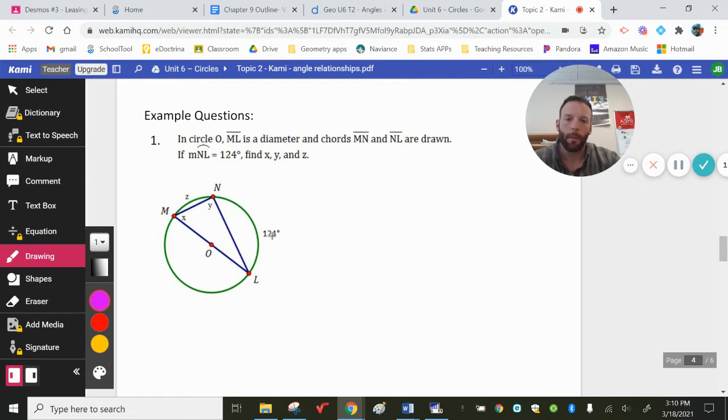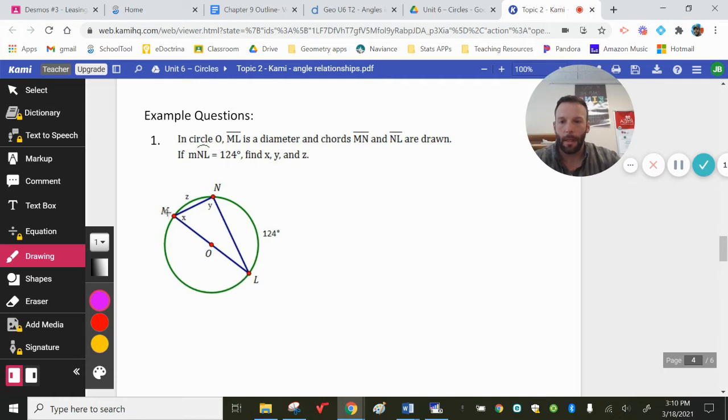Okay, and I'm also going to justify my work as I go. So the first thing I'm going to do is say, how can I use what I see to find more information? Well, this arc is 124 degrees. And the first thing that pops into my mind is that because segment ML is a diameter, it splits the circle exactly in half.